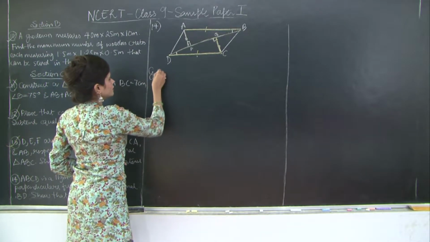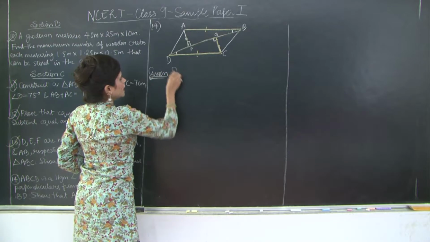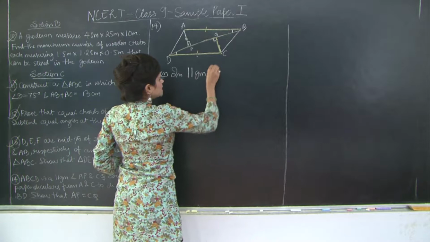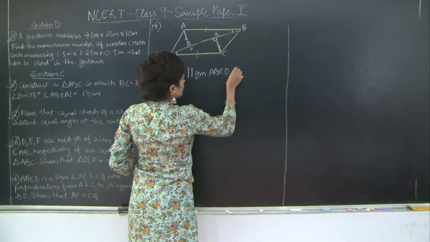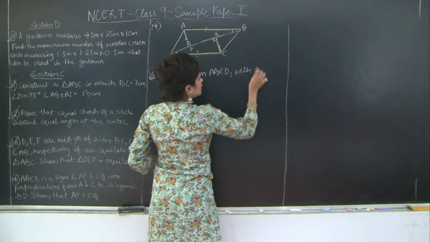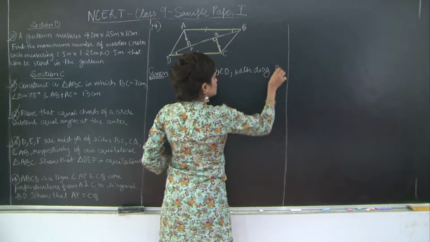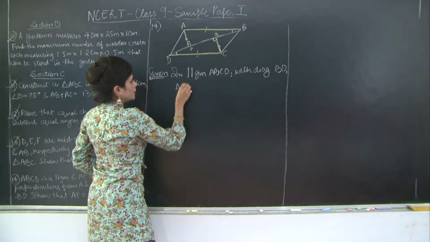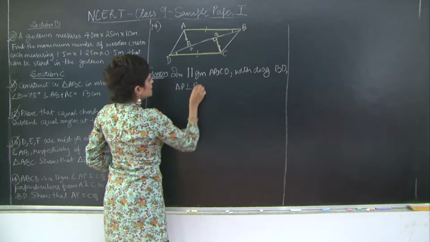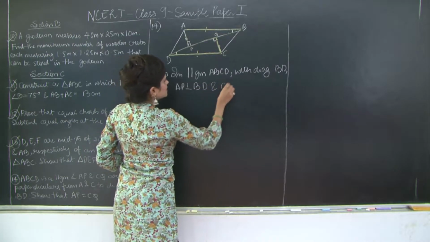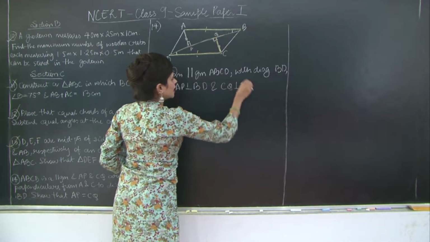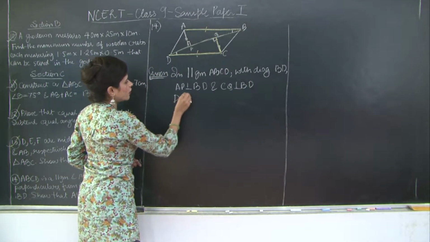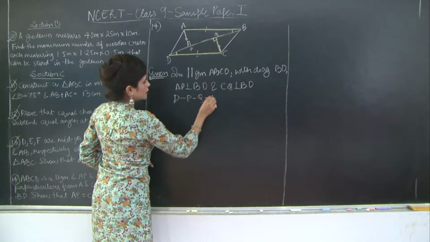So I'll say given, in parallelogram ABCD with diagonal BD, I have AP perpendicular to BD and CQ perpendicular to BD, and I also have points P and Q lying on the line segment BD.